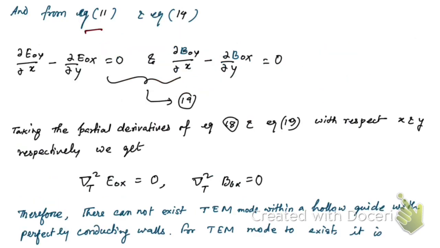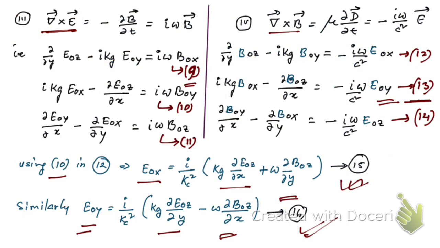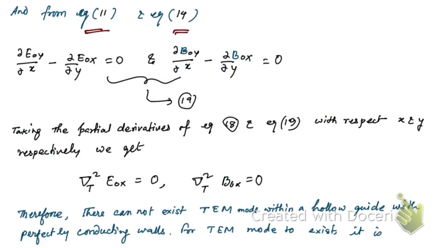Similarly, from equation number 11 and 14, where are 14 and 11? So this is 14 and this is 11. From these two equations we're going to have these two equations, which I have taken as 19.